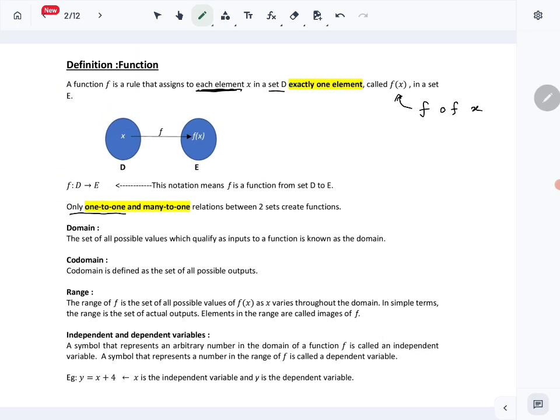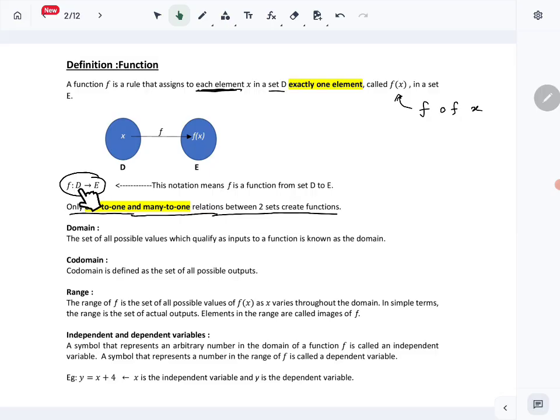So that is what is mentioned here: only one to one and many to one relations between two sets create functions. And we need to know this notation also. What does this notation mean? F is a function from set D to set E.